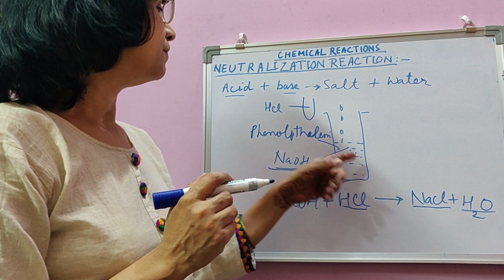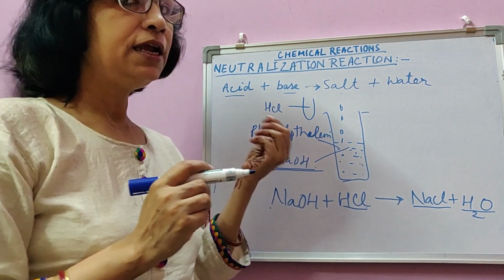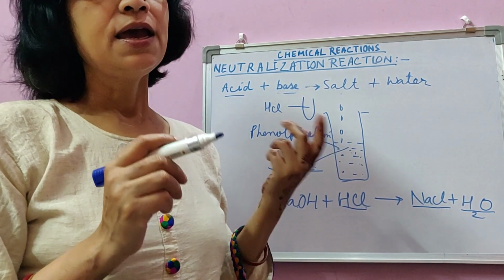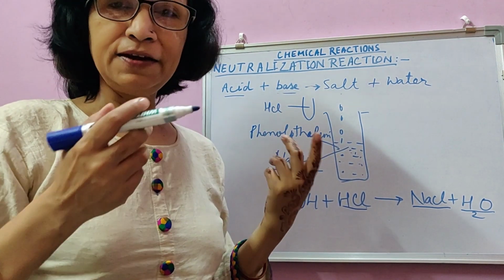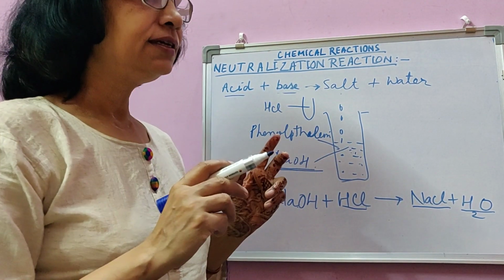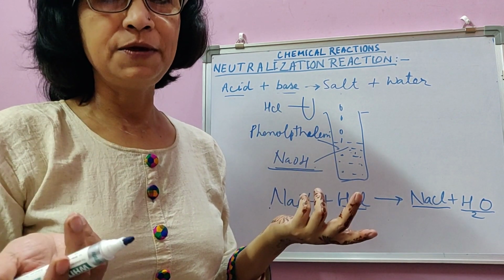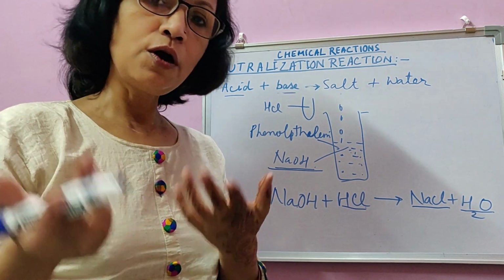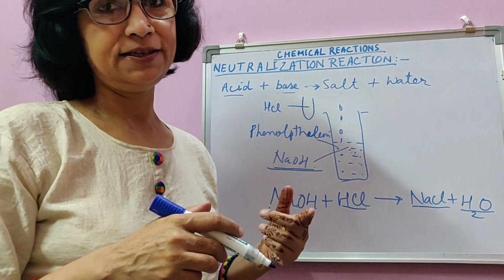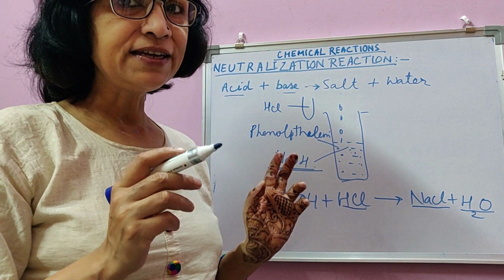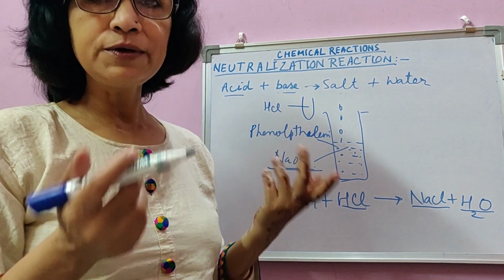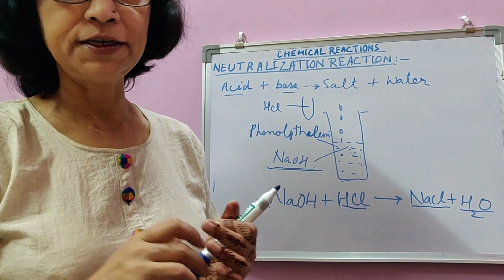But in the last, when it becomes neutral, then a single drop of base again will turn it basic, and that will show that the acid has been neutralized by the base. So it is vice versa. Acid is neutralized by the base or base is neutralized by the acid. But the reaction is a neutralization reaction if acid and base react to form neutral substances, salt and water.